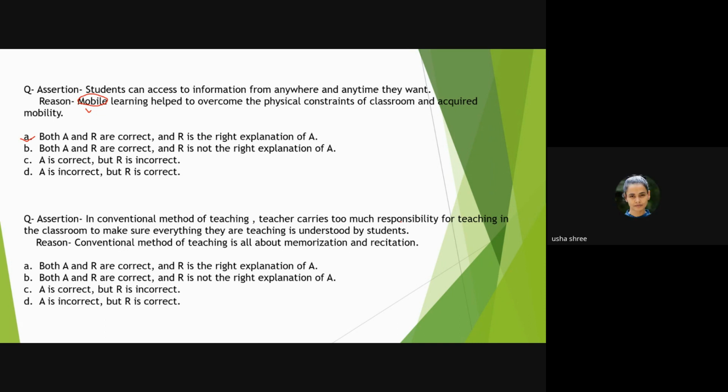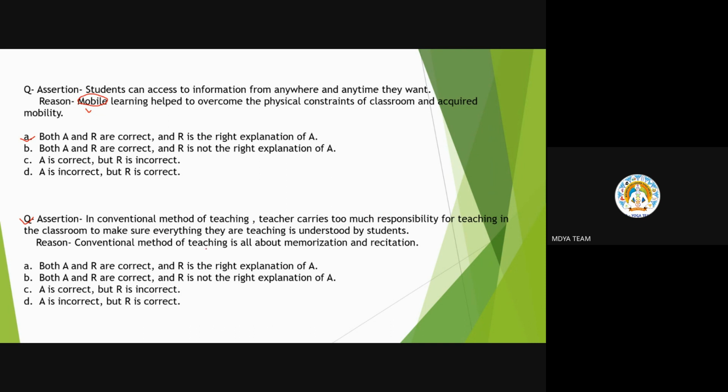Option D. Other people also answer. No answers are coming. Okay, so this question is your homework.